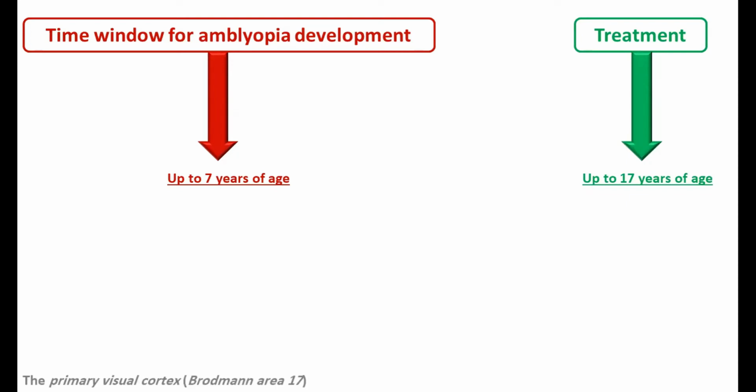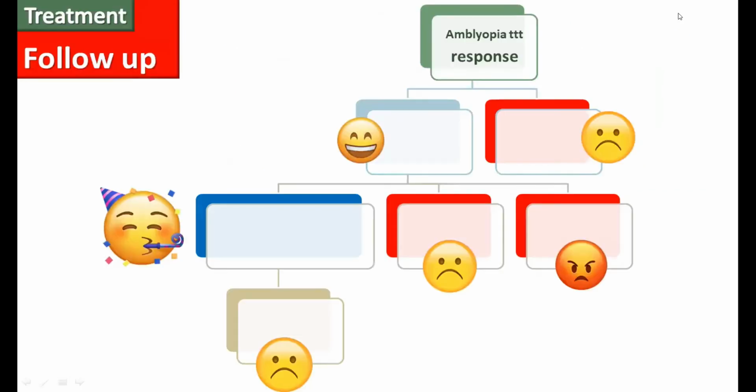At the bottom of the slide, the primary visual cortex is Brodmann area 17, and what is the coincidence? Because the primary insult in amblyopia lies in the primary visual cortex as well as in the lateral geniculate body.